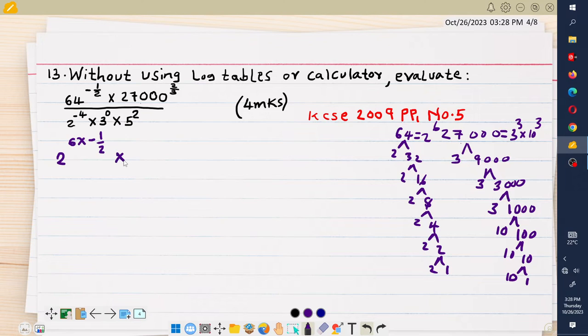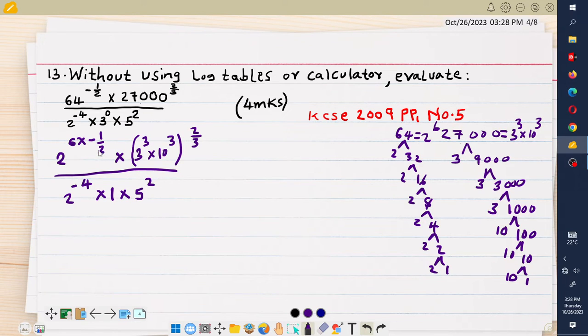Then I multiply with 27,000, which is the same as 3 power 3 multiplied by 10 power 3, and this was to the power 2 over 3. Then I divide by 2 to the power of negative 4, then multiplied by 3 power 0. Remember, a number to the power of 0 is always 1. So 3 power 0 is the same as saying 1. Then multiplied by 5 to the power of 2.